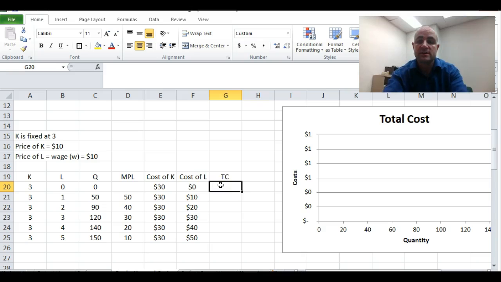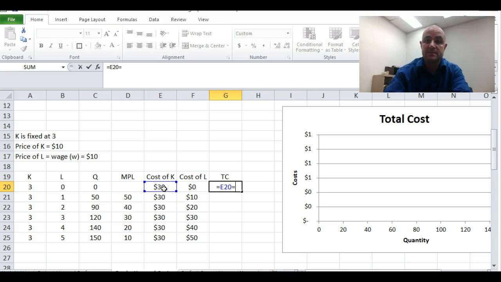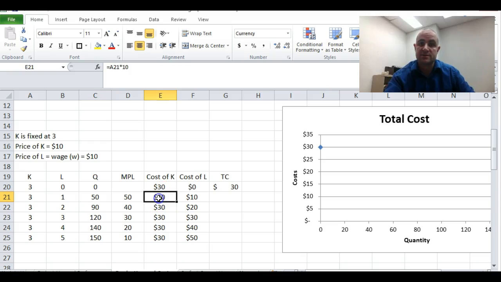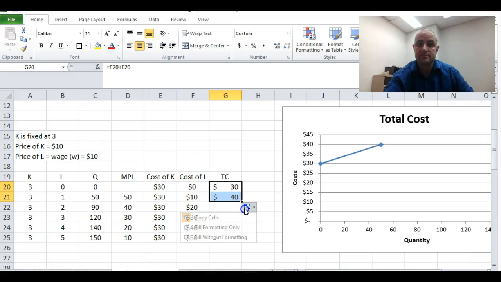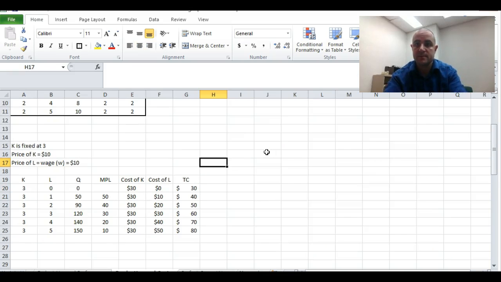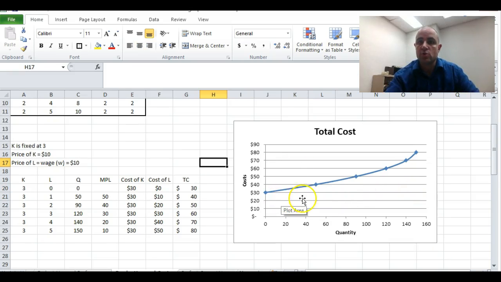So the total cost is the total cost to produce different units. When we produce 0 units, our cost of capital is 30, cost of labor is 0. When we produce 50 units, it's going to cost 30 for capital, 10 for labor, 40. So this is what our total cost looks like.